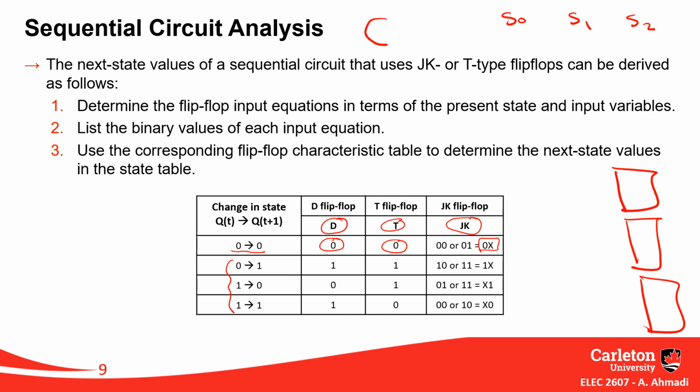If I am in S0 and this S0 is making a transition based on input 0 and wants to stay at state 0, and I'm using, let's say, D flip-flops, what should I apply to the input of the D flip-flops to stay at S0? Or what should I apply to make a transition to state S1?